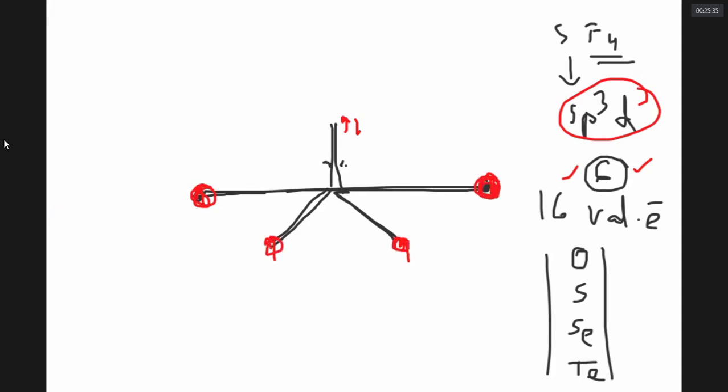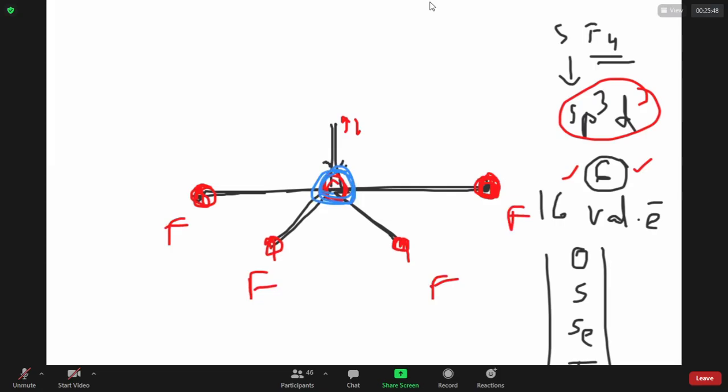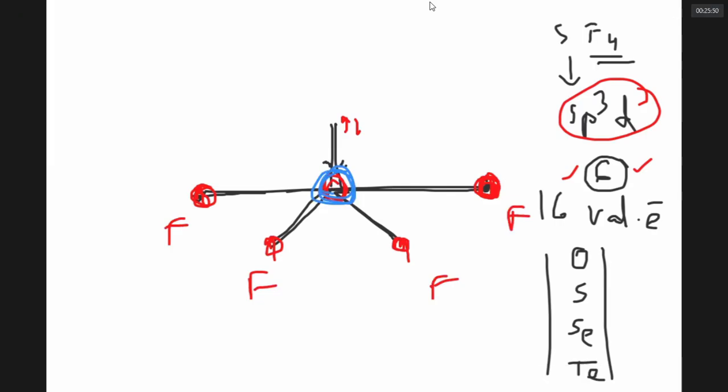So these are fluorines. And this is your sulfur. Let us use this color. What is the shape of this molecule? The lone pair you should forget, it won't contribute anything.